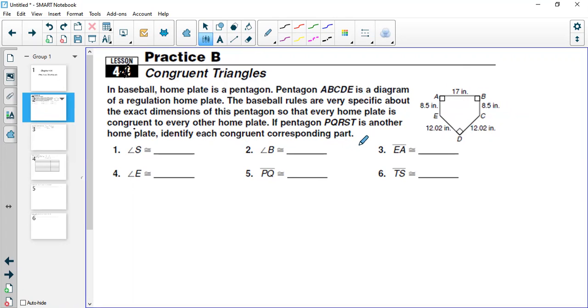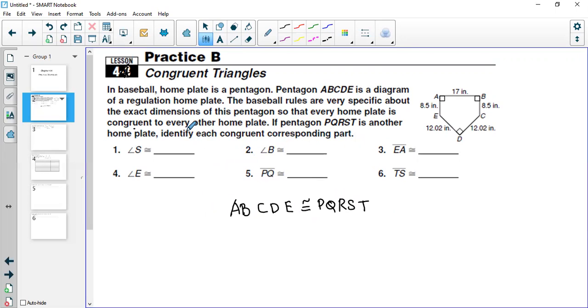If pentagon PQRST is another home plate, identify each congruent corresponding part. So from the question, you can understand that they're saying pentagon ABCDE is congruent to pentagon PQRST. So write down the statement, then it's easier to identify the part.